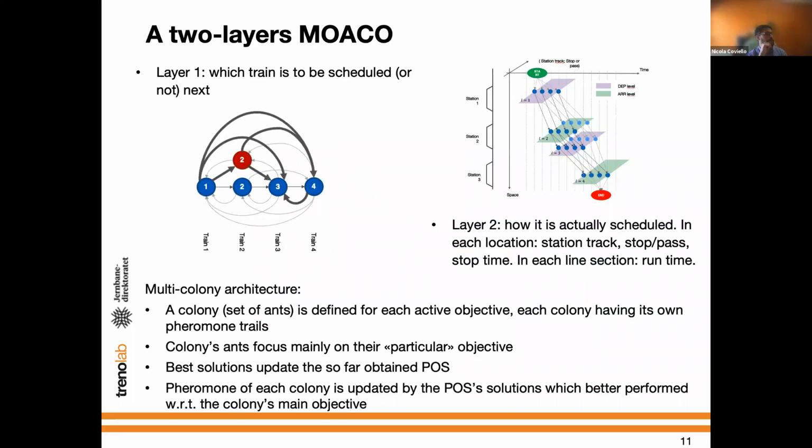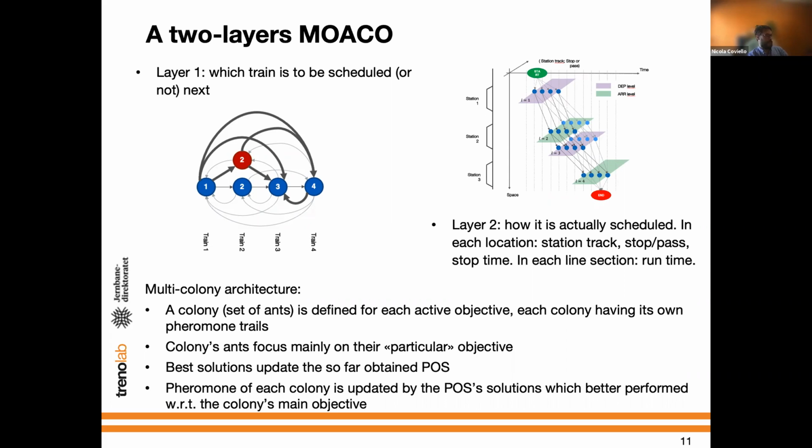So let us pass to the description of our multi-objective ant colony optimization algorithm. If you remember the first slide I showed you, I said that the timetabling process is basically constituted by the iteration of two basic actions: the choosing of the next train or train group to be scheduled, followed by the actual scheduling of that group inside an already populated timetable.